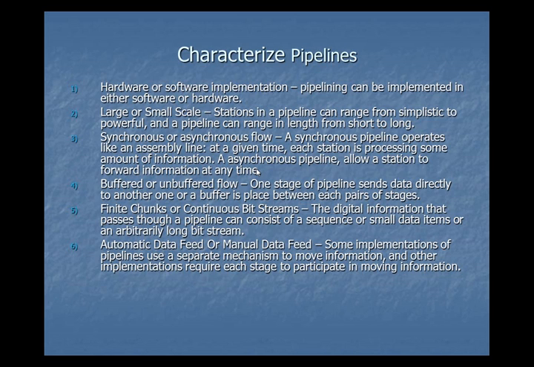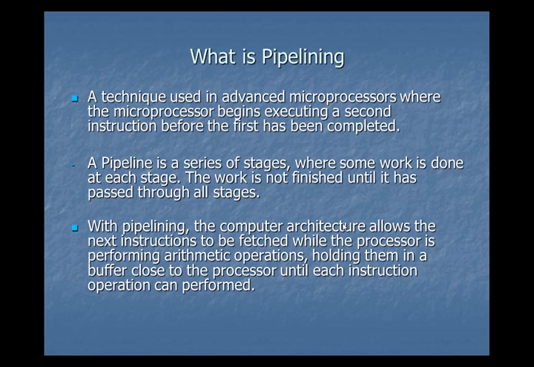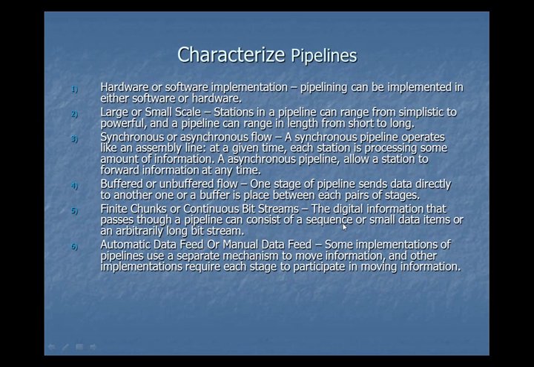Then the next category is finite chunks or continuous bit streams. The digital information that passes through a pipeline can consist of a sequence of small data items or an arbitrary long bit stream.